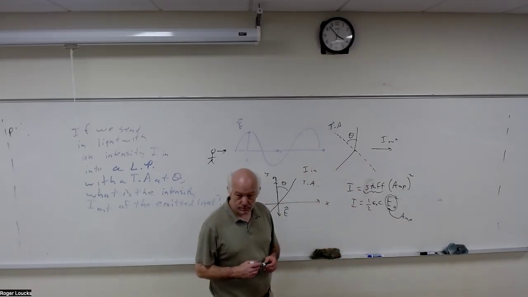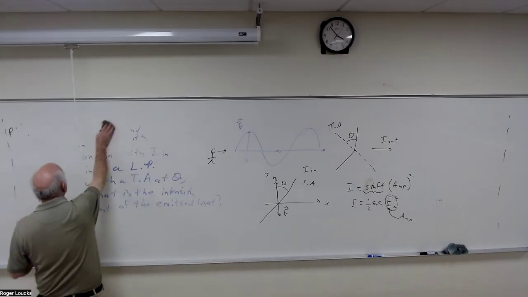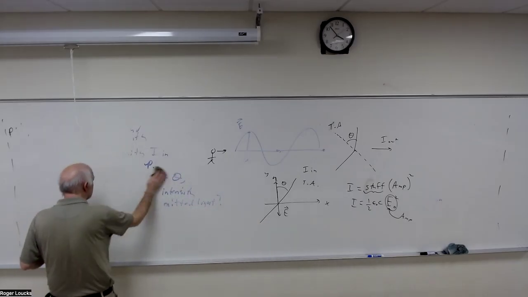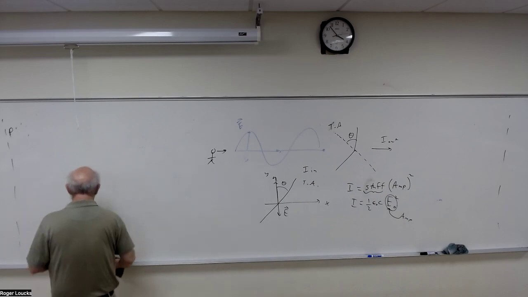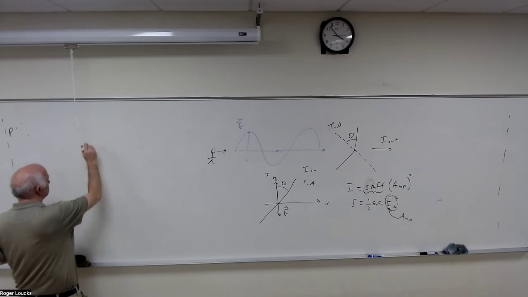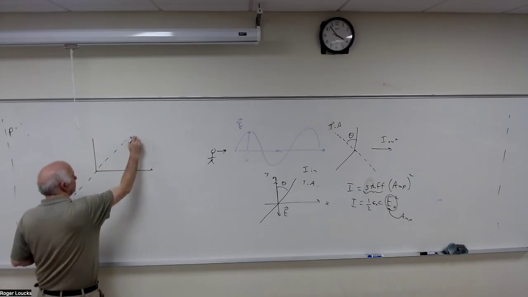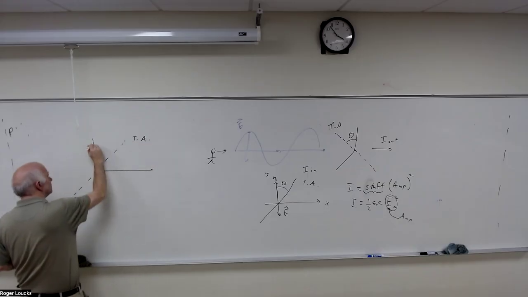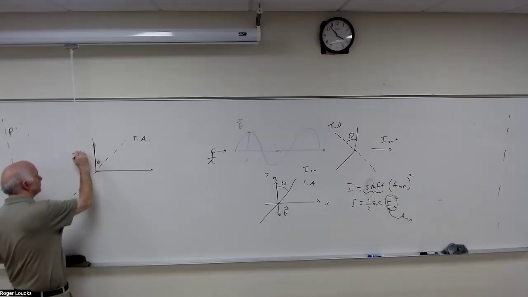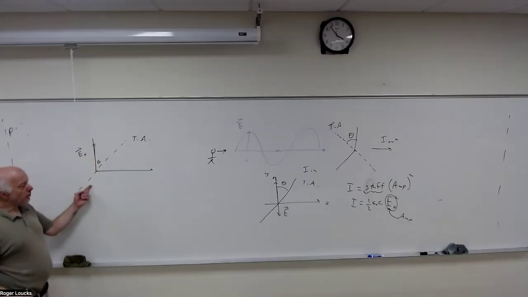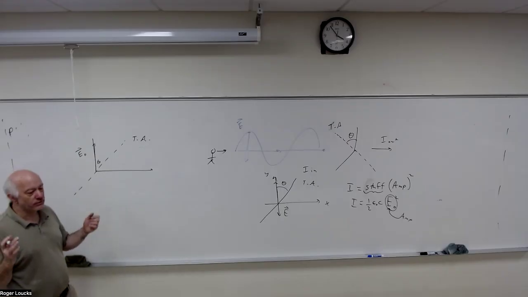Now what's going to happen here? If I draw that picture here, here's my transmission axis. Here's my E naught, like that. Here's my theta. What part gets through? What can I always do with a vector?